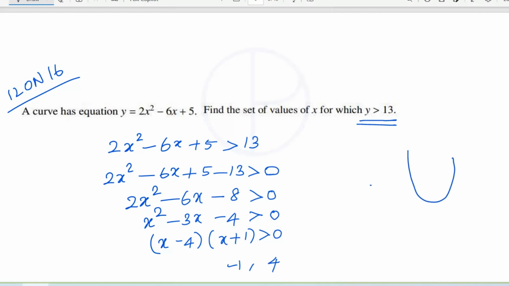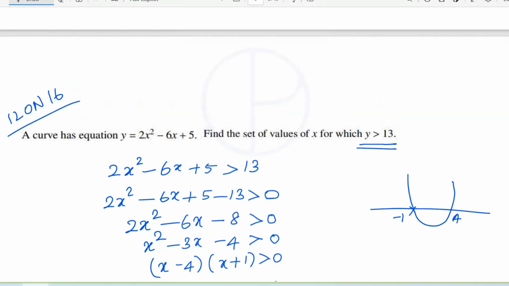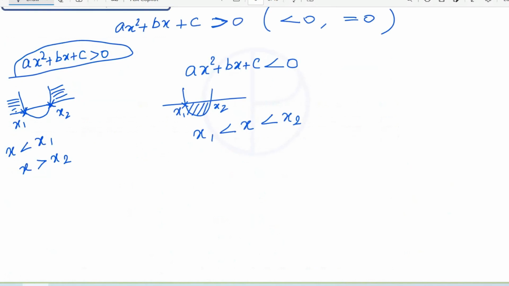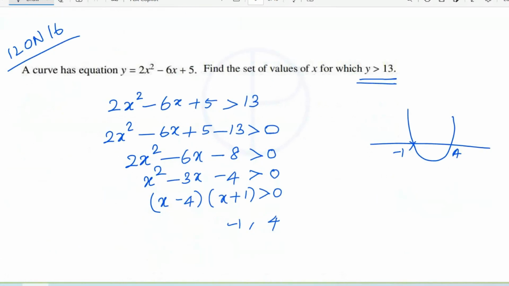Let's sketch this one. This is negative 1 and this is 4. So this is of the first type, ax squared plus bx plus c is greater than 0. In that case the solution will be x is less than the first root and x is greater than the second root. We want the region above the x-axis, so we need this part.